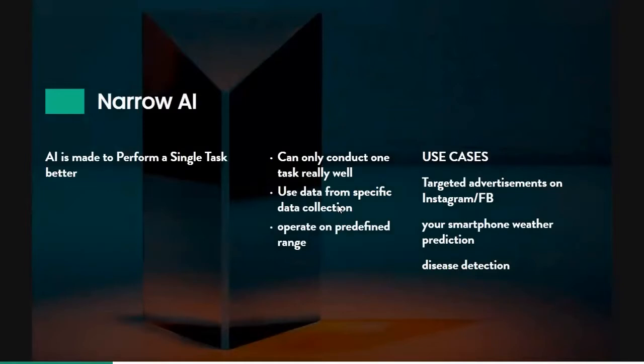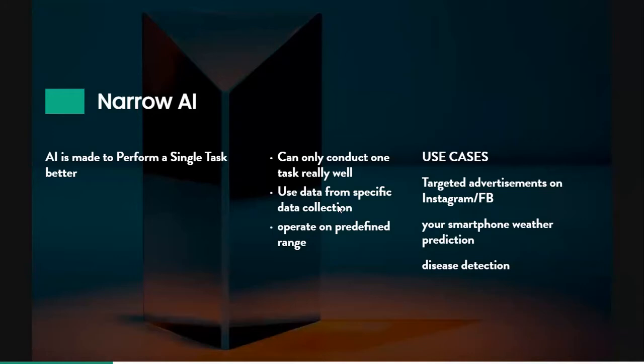So narrow AI is essentially AI that is made to perform a single task better, right? A good example would be a smartphone. I'm pretty sure all of us here probably own a smartphone one way or another.